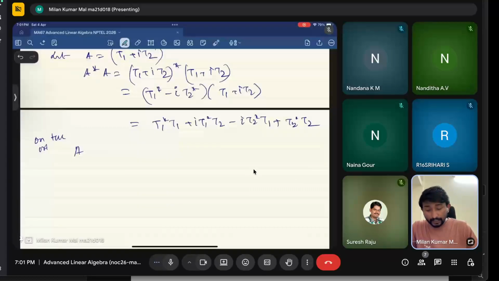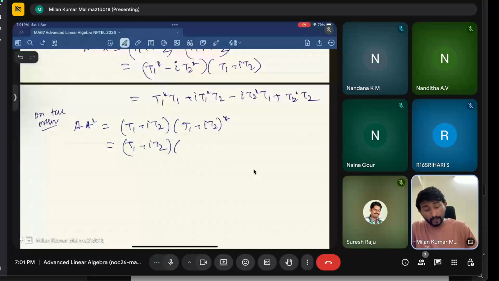Okay. A star is equal to T1 plus iT2, and its star. So that will be equal to T1 plus iT2, and once again this will be T1 star, that is self-adjoint. So okay, let me still write it this way, T2 star, and you will get T1 T2 T1 star, that is self-adjoint.